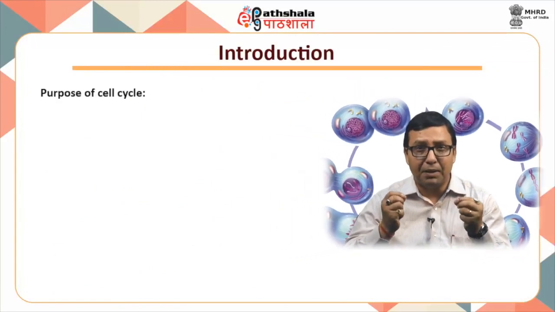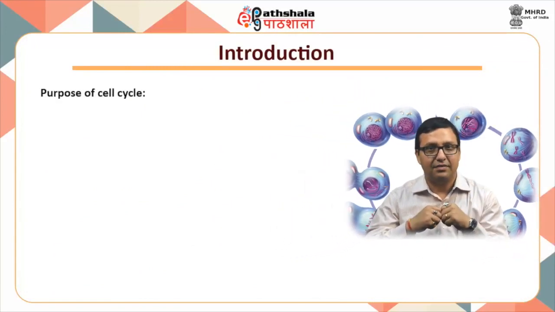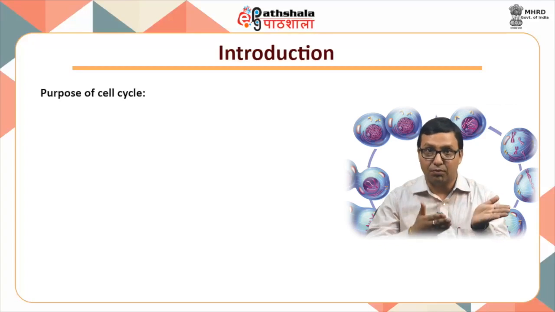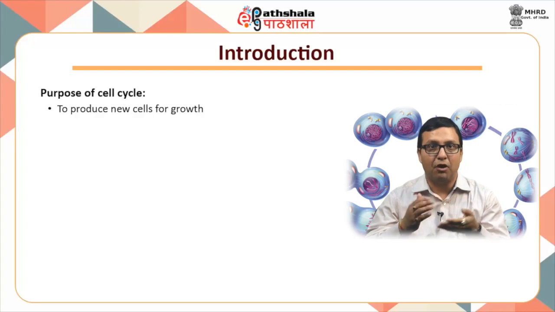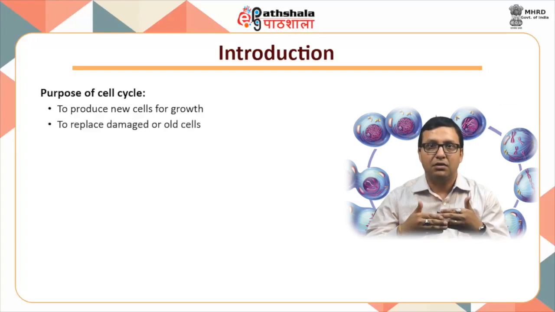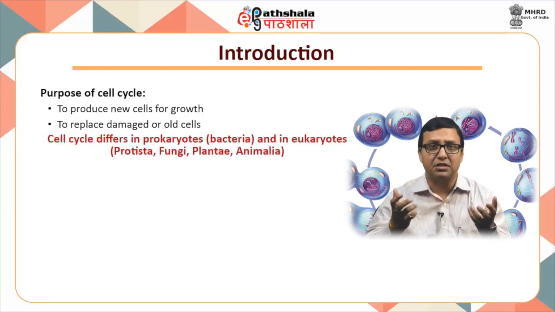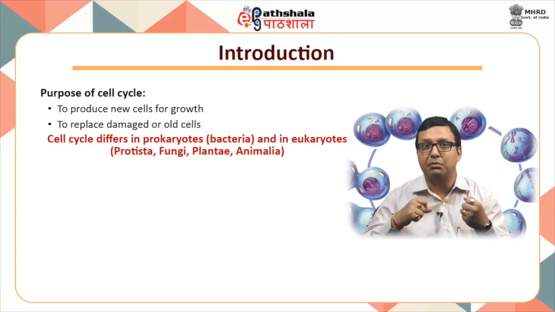Now, you must be thinking, why do cells divide? What is the purpose of cell cycle? Is it the same in both prokaryotes and eukaryotic cells? No. Basically, cells divide to produce new cells for growth as well as replacement of damaged old cells. Cell division differs among prokaryotes including bacteria and eukaryotes including protista, fungi, plantae and animalia.